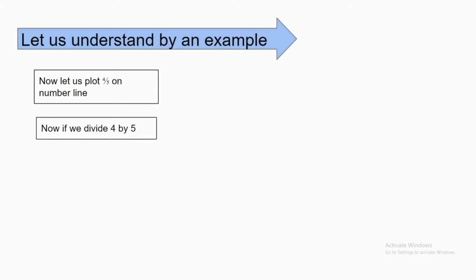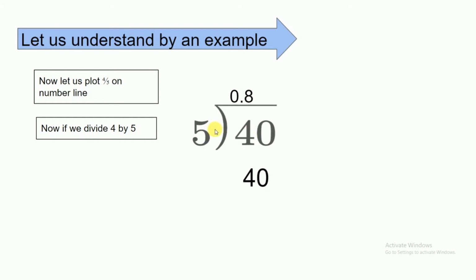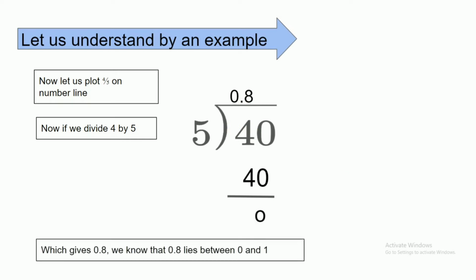Now, if we divide 4 by 5, because 4 is less than 5, we add a decimal and a 0 behind the 4, and dividing 4 by 5, we get 0.8. We know that 0.8 lies between 0 and 1.